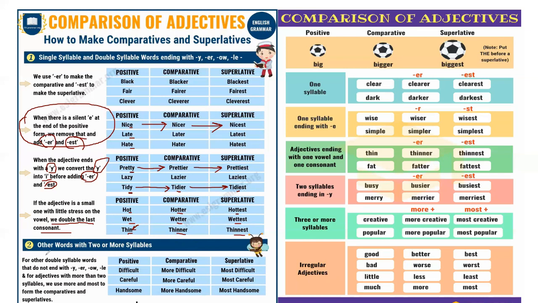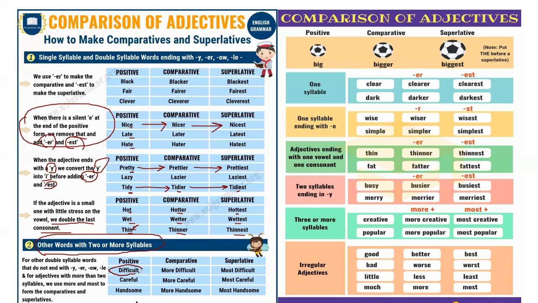And the last guideline is to understand that when you have other words with 2 or more syllables, syllables is how you pronounce the word, and you have to count how many syllables. For other two-syllable words that do not end with y, er, o, w, le, and for adjectives with more than 2 syllables, you have to use more and most to form the comparative and superlative.